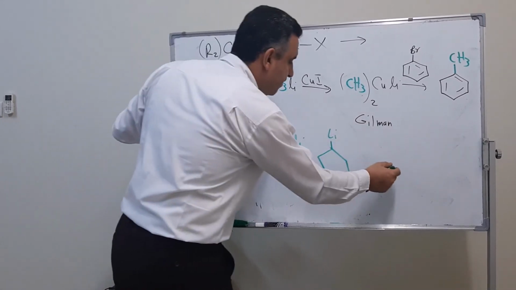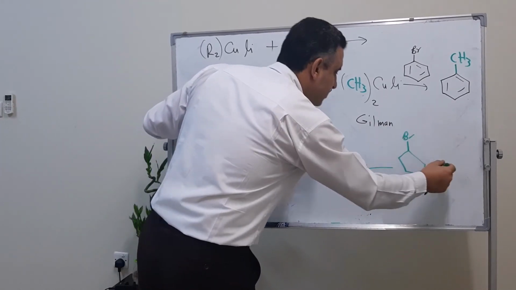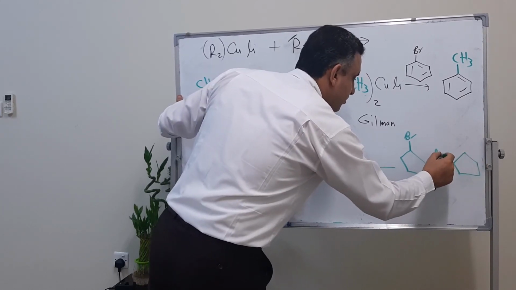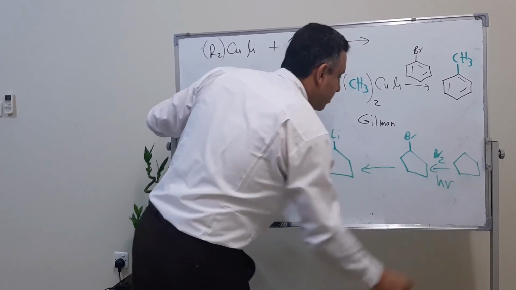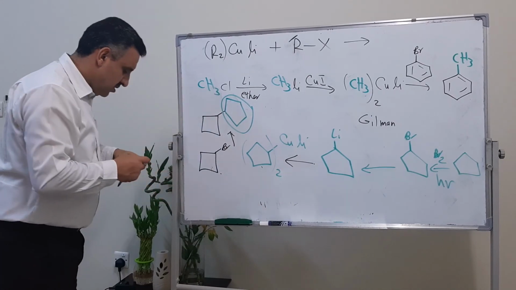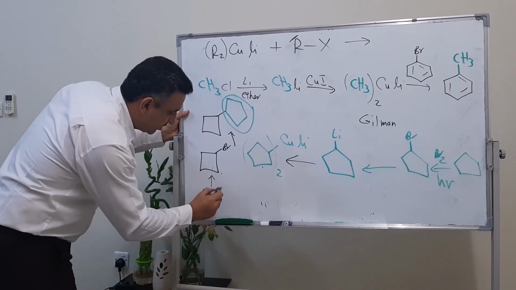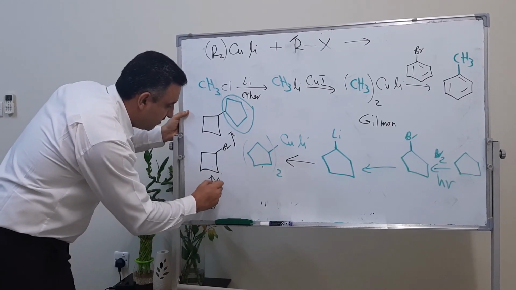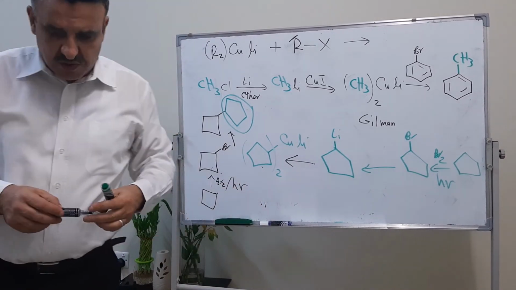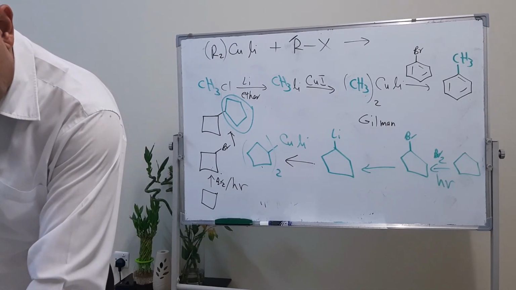The lithium compound can be prepared from the corresponding alkyl halide. This halide again can be prepared by halogenation of the corresponding cycloalkane in the presence of light, for example. Here this one is the easiest: we can prepare it directly from the corresponding cyclobutane in the presence of Br2 and light. So in this way you can see we could prepare and make elongation of the carbon skeleton.